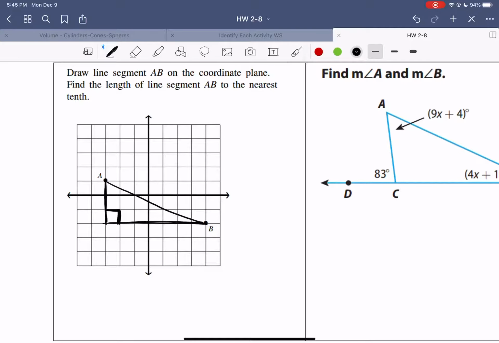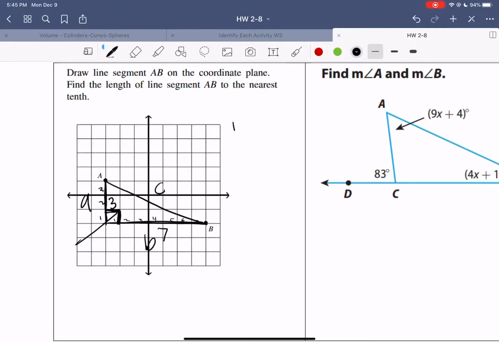So this is going to be our right triangle. We're going to have A, B, and C because we have our right angle pointing. We can see that this is 1, 2, 3 long, and this is 1, 2, 3, 4, 5, 6, 7 long.